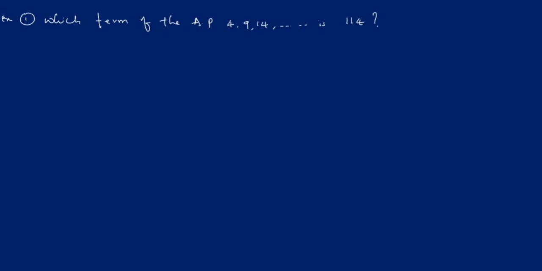Right? So the question is which term of the AP, a sequence has been given 4, 9, 14 dash dash dash. They are asking 114 is which term here. So for that, write on the given solution part.